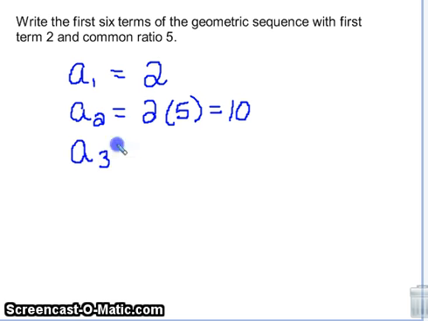Your a sub 3 is going to be 10 times 5, which is 50.